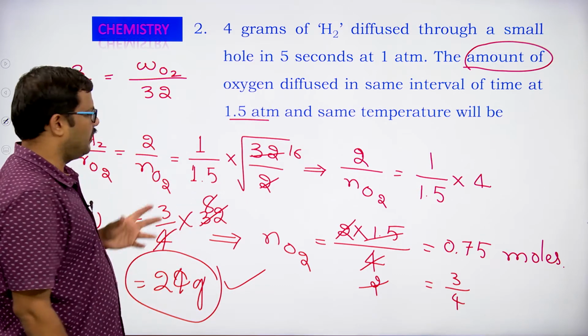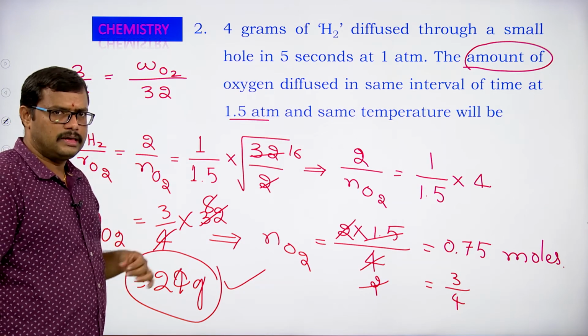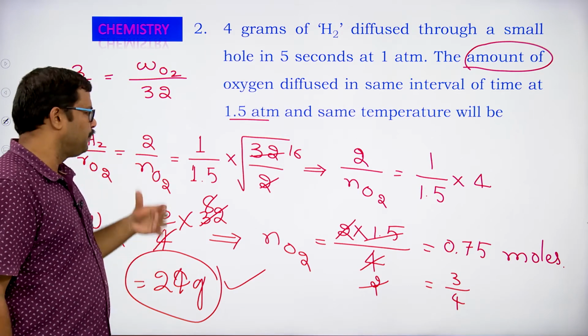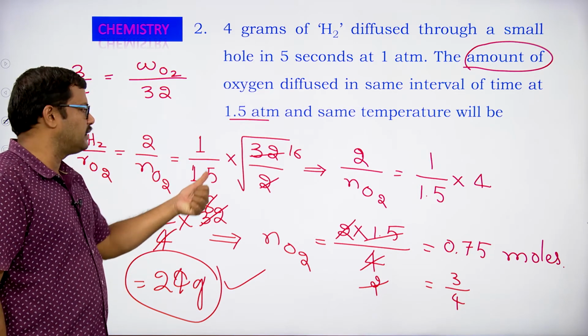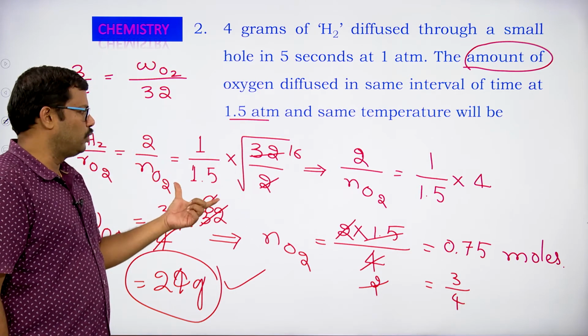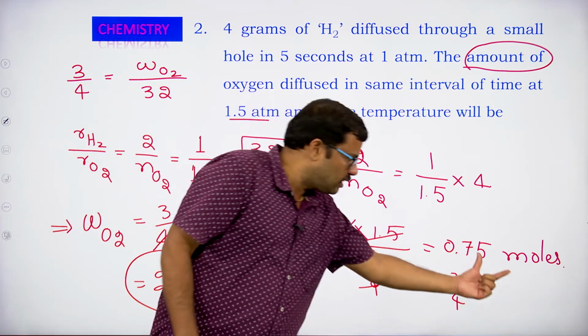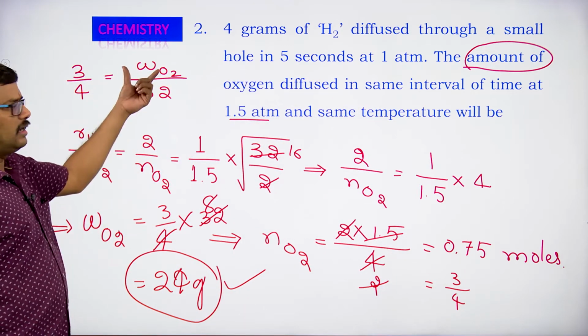I think you got the idea how we are going to solve it. First, take the ratio of the rates of the two gases in terms of number of moles, which is equal to the pressures of the two gases and inversely proportional to the square root of their molecular masses. Substitute and first get the number of moles of oxygen. From the number of moles of oxygen, it is possible to calculate the weight of oxygen.